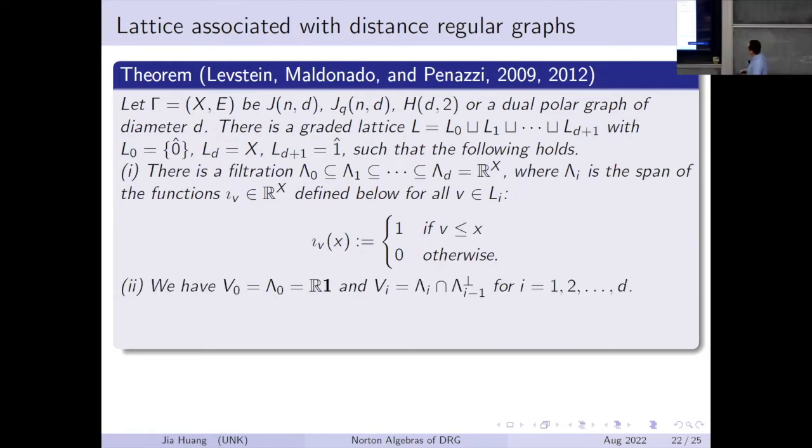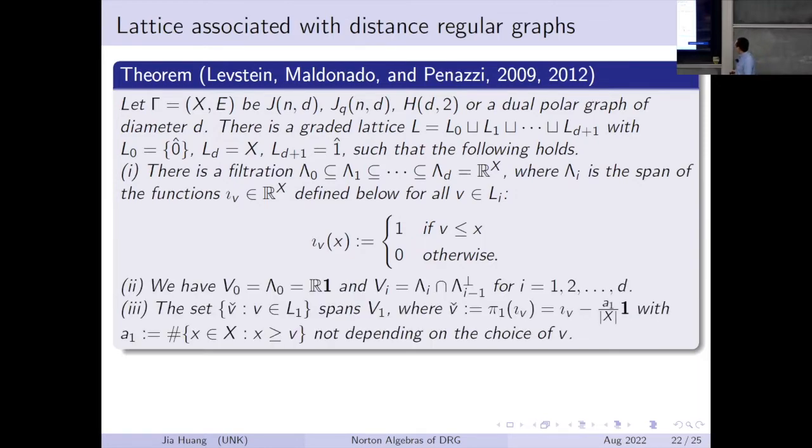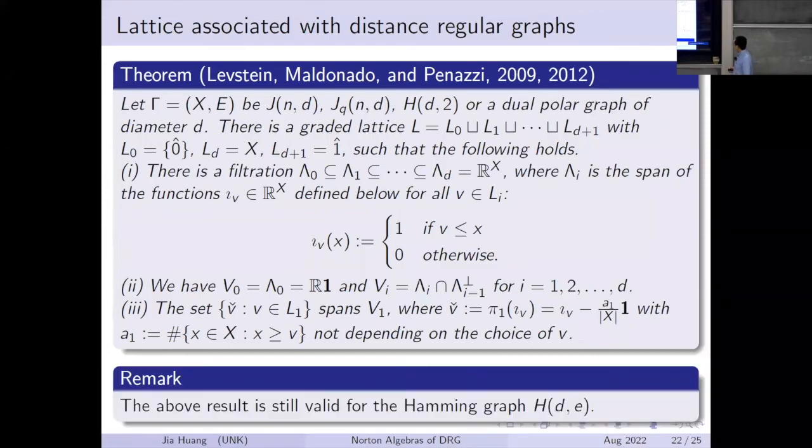Okay, it's kind of complicated. Let me not talk about the details, but this is also valid for the Hamming graph, I should say. But we already know the results for the Hamming graph, all the Norton algebras of the Hamming graph, so we don't have to go this way.